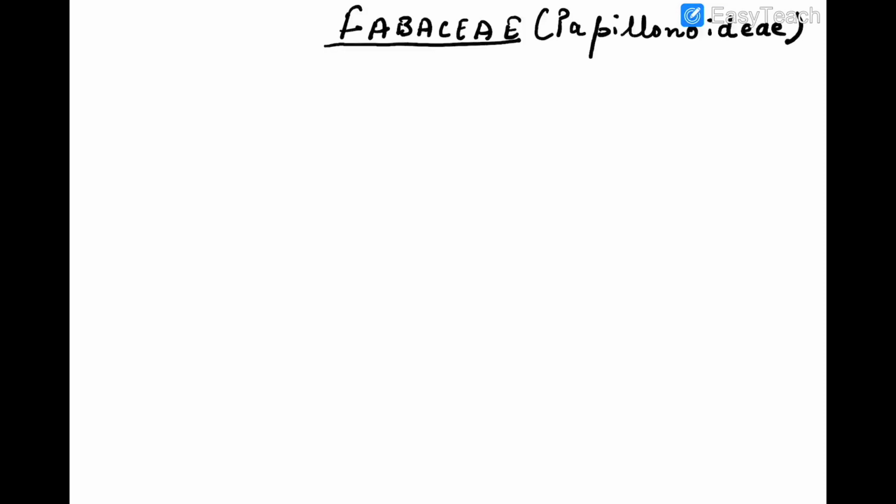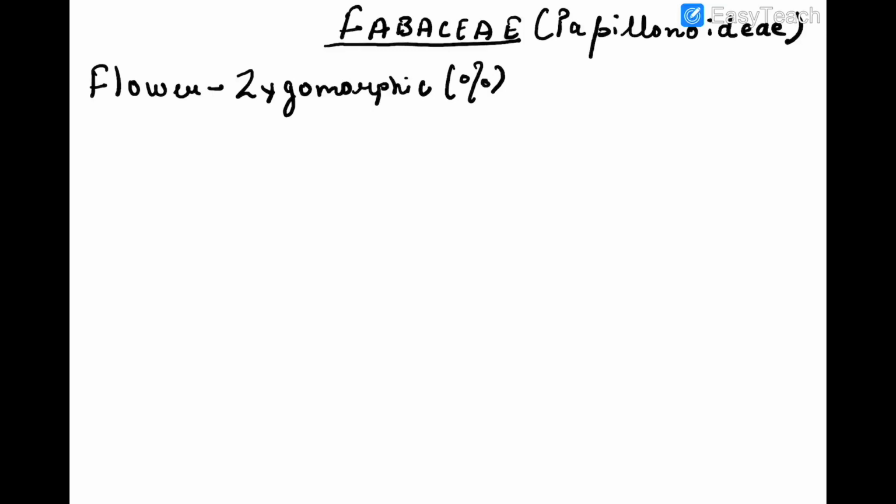Now let us look at the characteristics of family Fabaceae. First of all, let us look at the flower. The flower is zygomorphic, which means we will put a percentage sign here, because for zygomorphic we put a percentage sign.